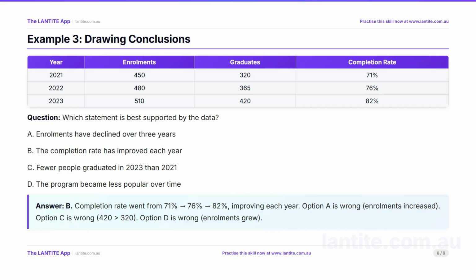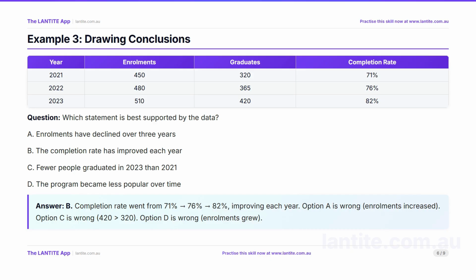Now let us draw a conclusion from a table. This one shows enrollment data over 3 years. The question asks which statement is best supported by the data. Let us check each option. Option A says enrollments have declined. Looking at the enrollments column, 450, 480, 510. They went up, not down. Wrong. Option B says the completion rate has improved each year.